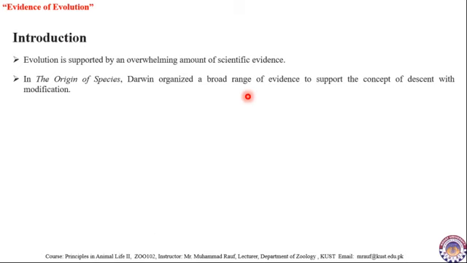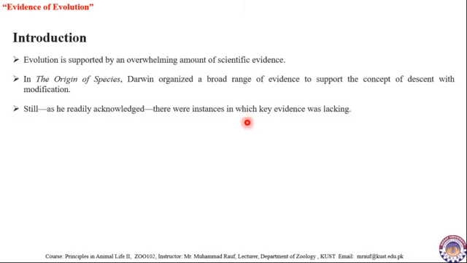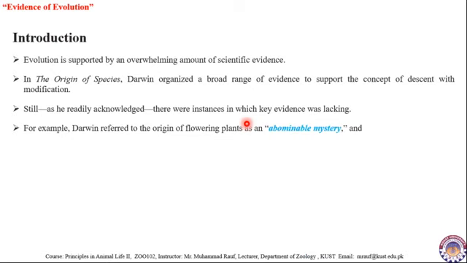Yet he himself acknowledged that there were certain instances where he was unable to trace the evolutionary history, referring to the origin of flowering plants as an abominable mystery.